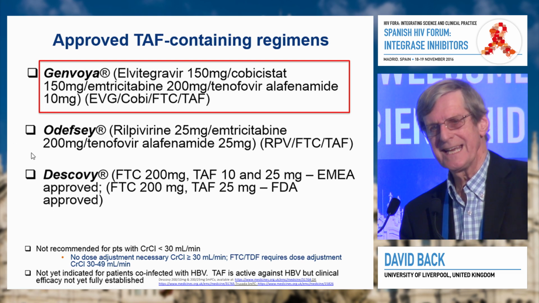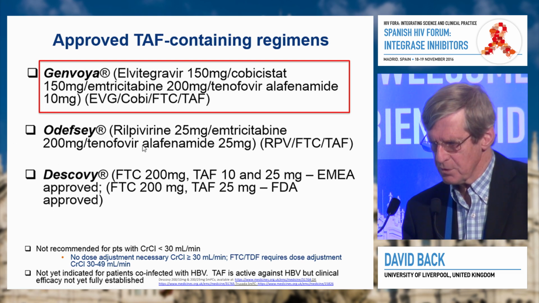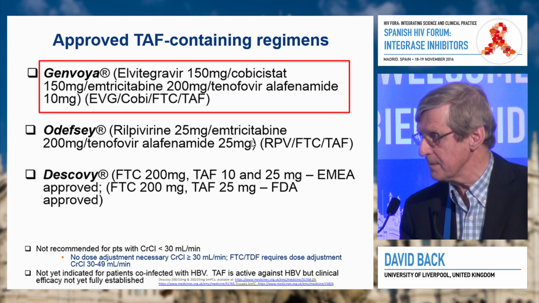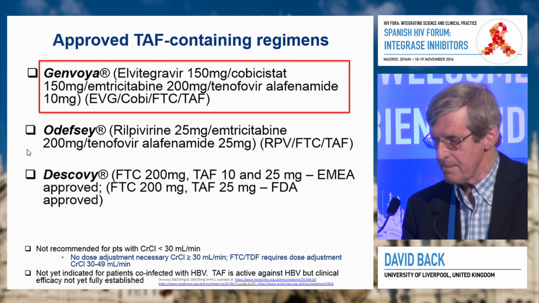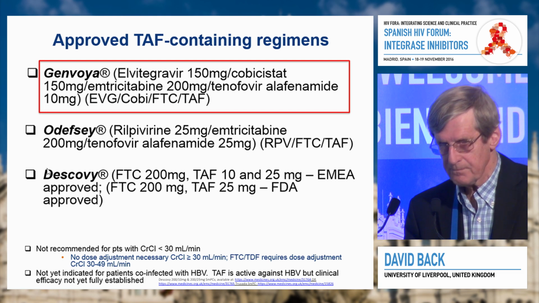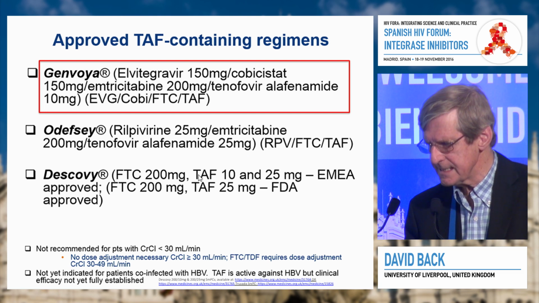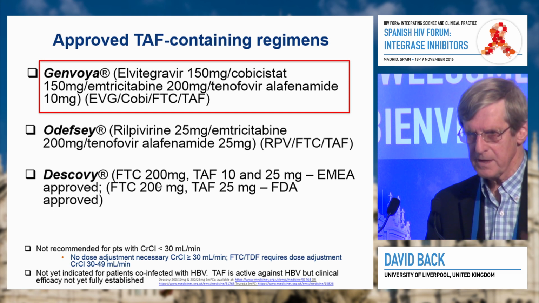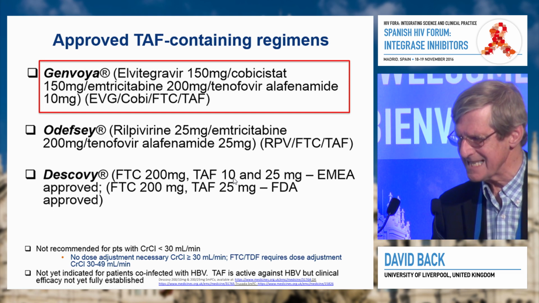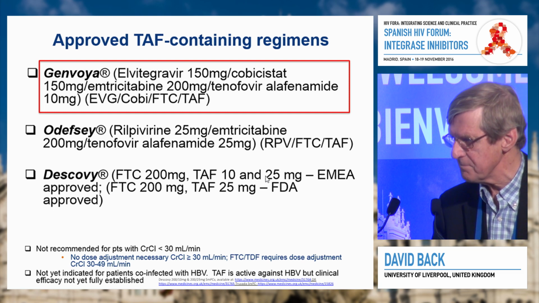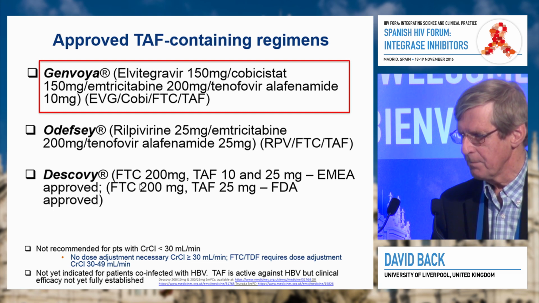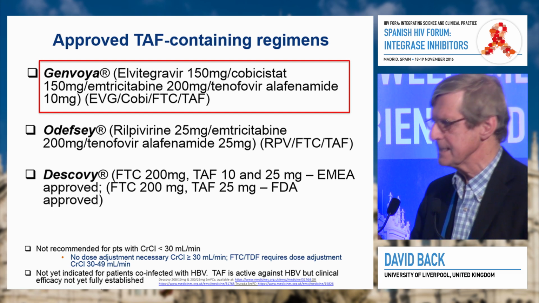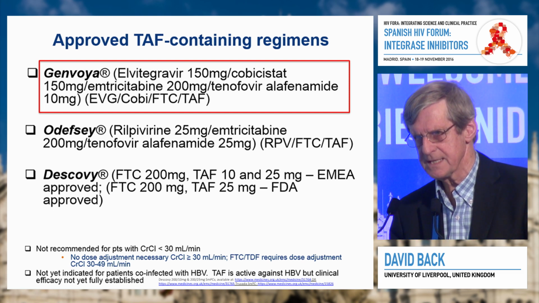Now remember that in Odefsey, which is rilpivirine FTC TAF, TAF is 25 milligrams. Remember also that Descovy, which is FTC TAF, in Europe, there are two formulations of Descovy, one with 10 milligrams and one with 25 milligrams of TAF. But in the US, there is only a 25 milligram TAF. There is no 10 milligram TAF.